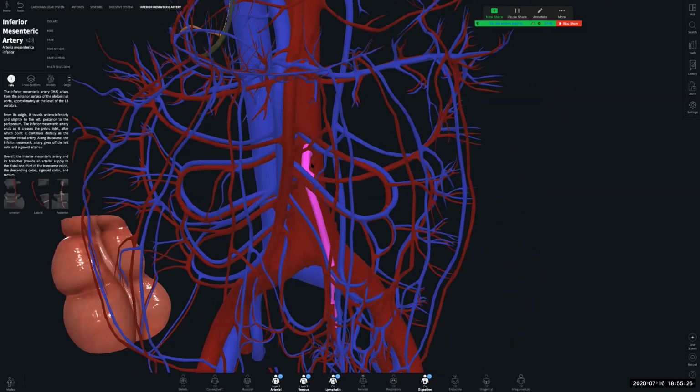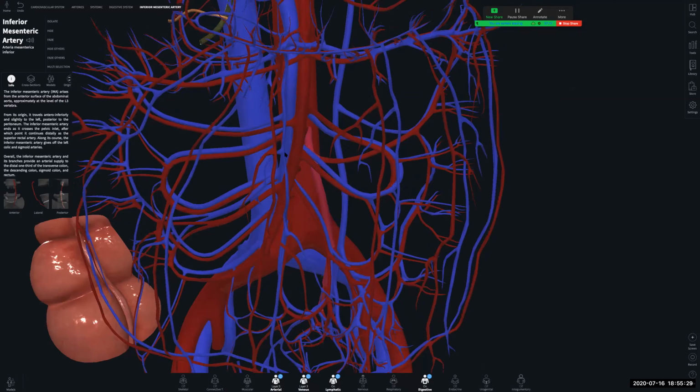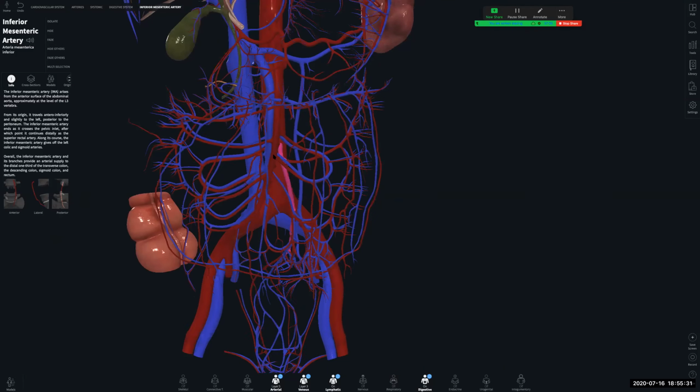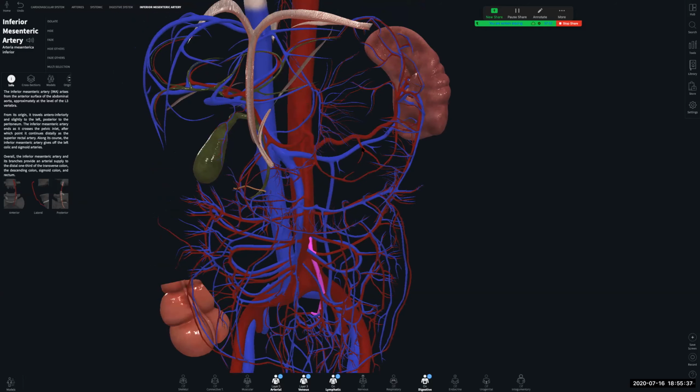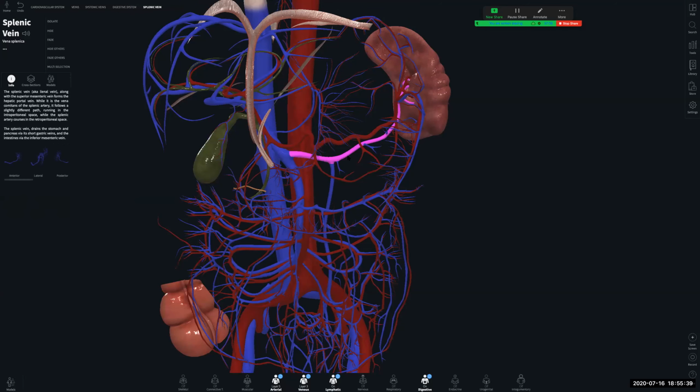Now, in terms of venous drainage, you can see this is where our spleen is, and draining from the spleen is the splenic vein, which merges with the inferior mesenteric vein.